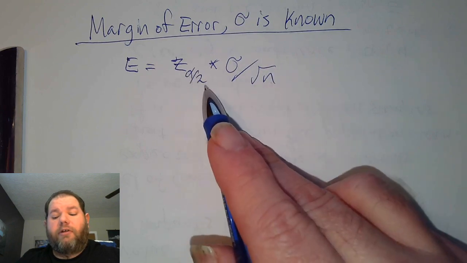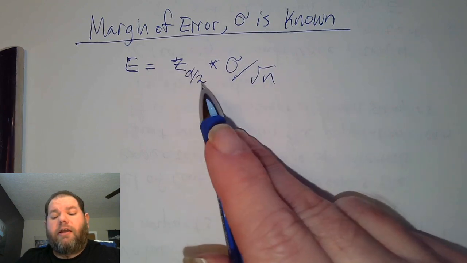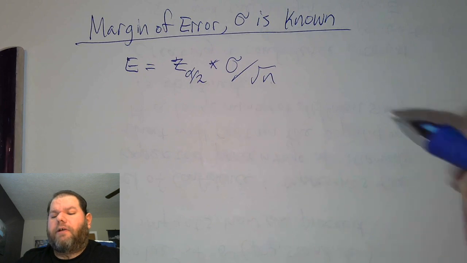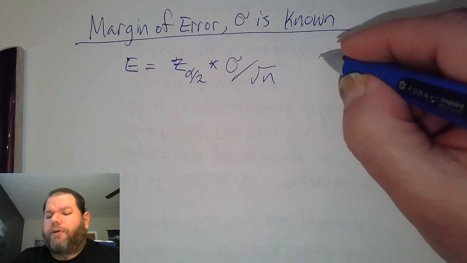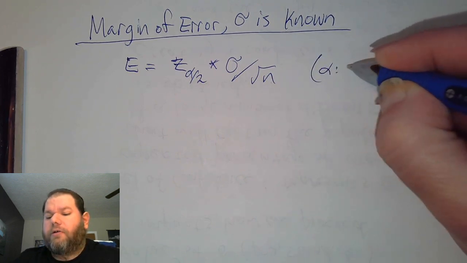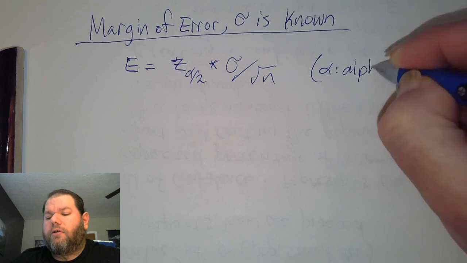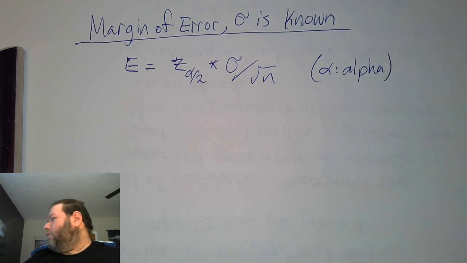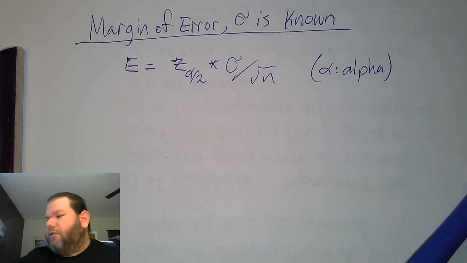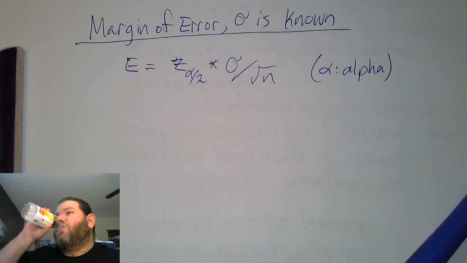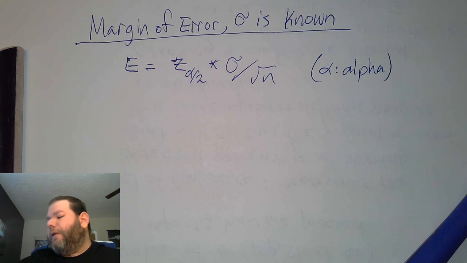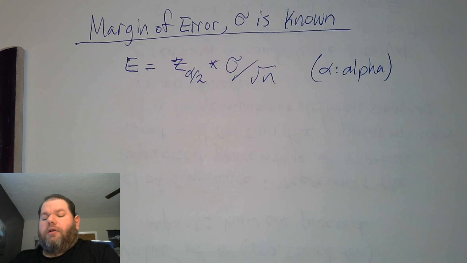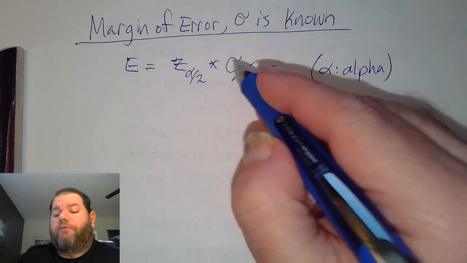But now we introduce this term z alpha over 2. Alpha, I don't know if we've used that one to this point. It's basically the A letter in Greek. So we know what's going on here.